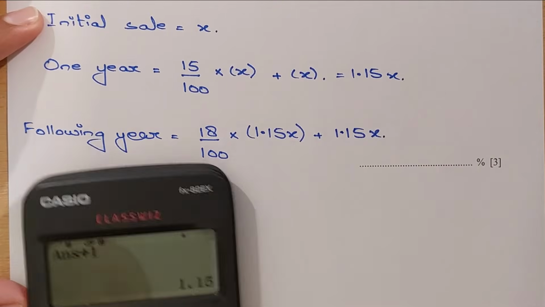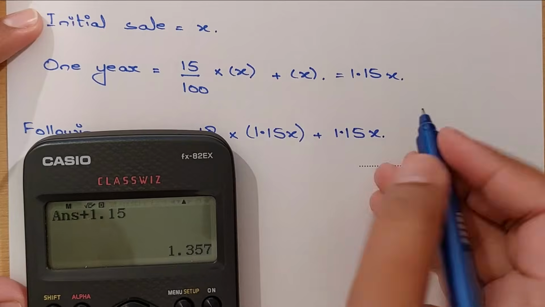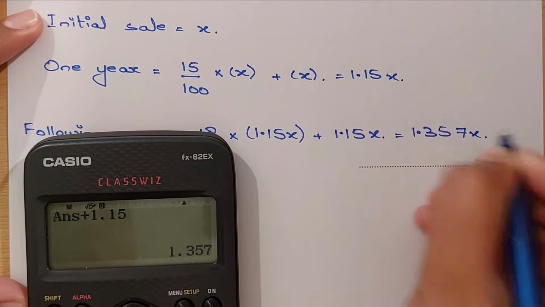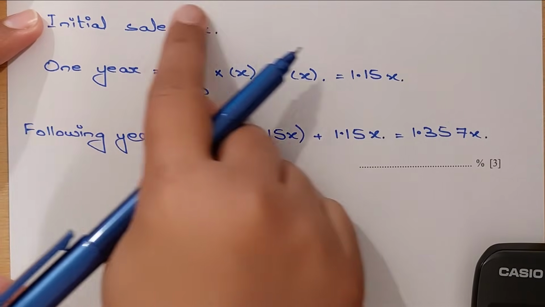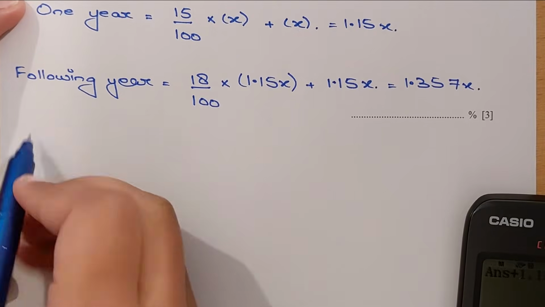Now, let me simplify. This is 18 divided by 100 times 1.15 and then add 1.15. This is 1.357x, right?